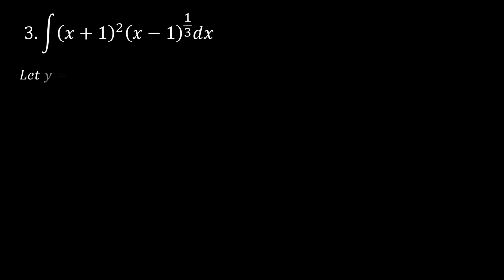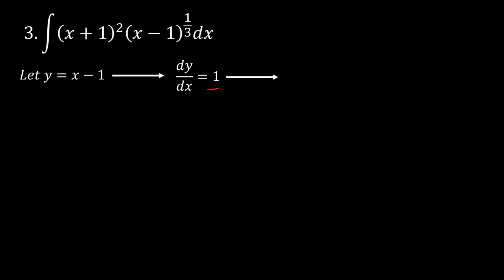Problem 3, as we said, was the indefinite integral of x plus 1 squared times x minus 1 to the power 1/3. The first thing one may want to do is let y equal x minus 1, right? And what that means is that dy/dx equals 1.